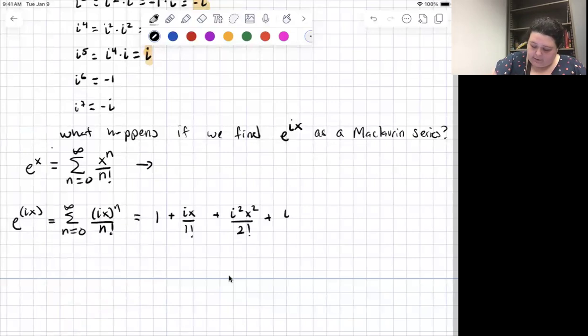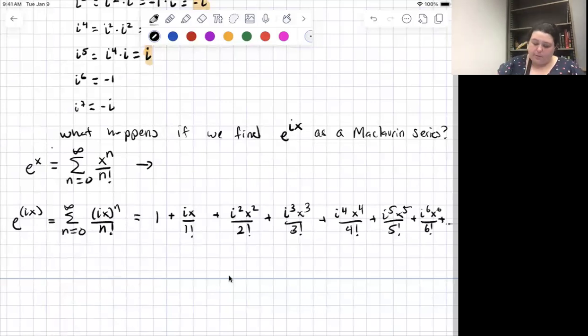We have i to the 3rd x cubed over 3 factorial plus i to the 4th x to the 4th over 4 factorial plus i to the 5th x to the 5th over 5 factorial. And I'm going to stop at i to the sixth, x to the sixth over 6 factorial, but we know this continues.